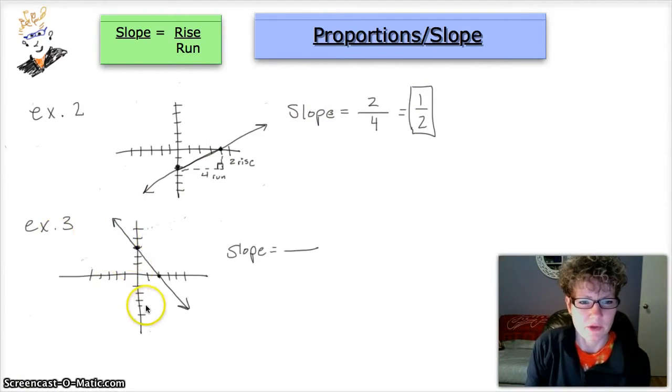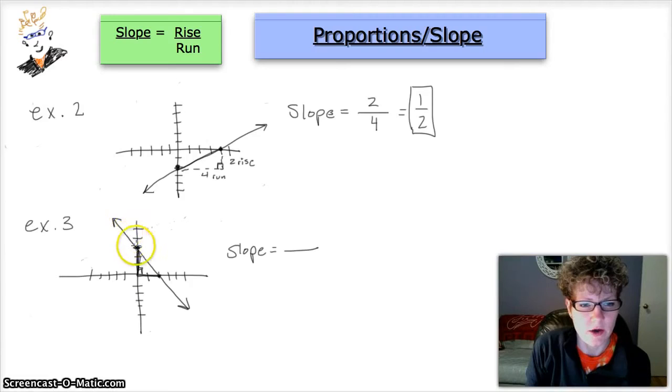Example number 3, we want to find the slope again. This one happens to be already in a place where I can use the y-axis and the x-axis as parts of our right triangle. Here's our right triangle, and that will help me find the rise over run. I'm going to figure out the rise, which is going to be negative.